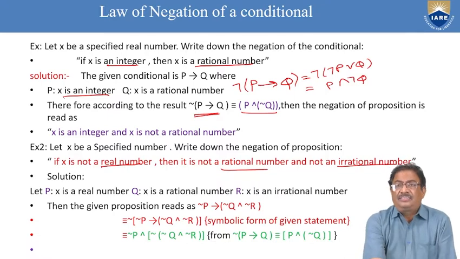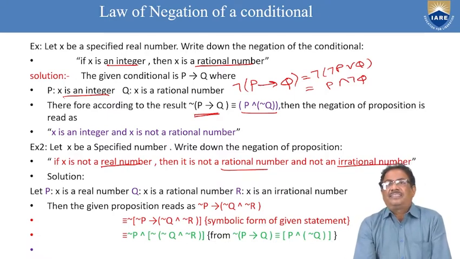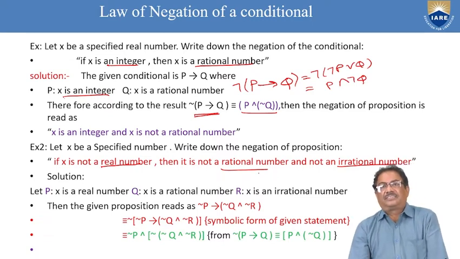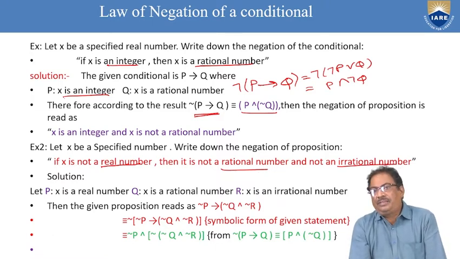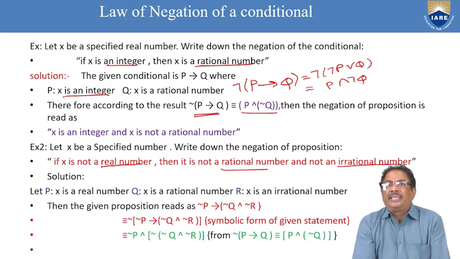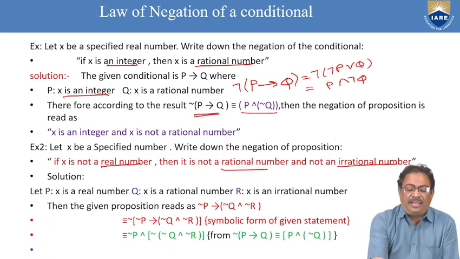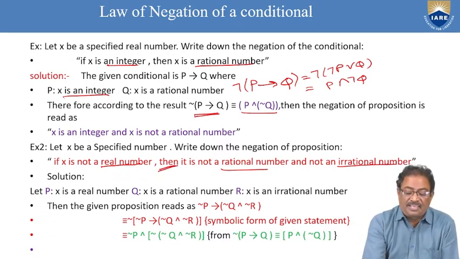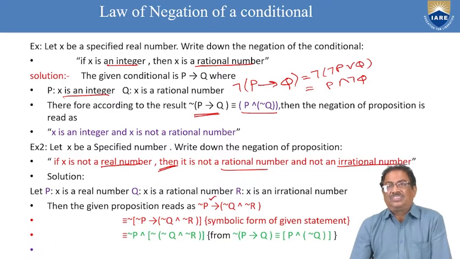So here the statement is given in this form, and in symbolic form we are going to write this as: if X is not a real number, so P is if X is a real number, so we take it as negation P. Negation P, then, so we take this as the conditional.